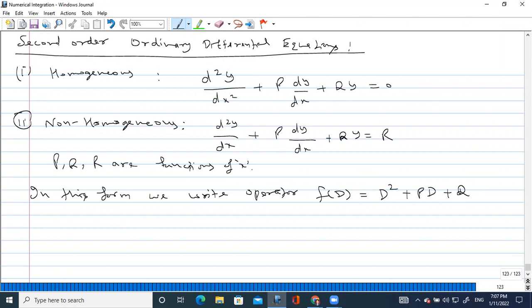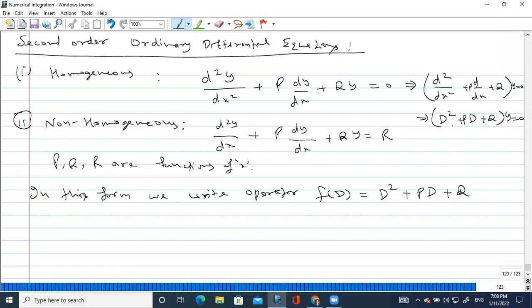You take out y from here, y from here, y from here, and then whatever operator is left, you can think of it like this: d2 over dx square plus p d by dx plus q into y is equal to 0. So this can be written as D square, I am writing D square for d square by dx square, D for d by dx, and p is also there, pD, and plus q into y equal to 0.